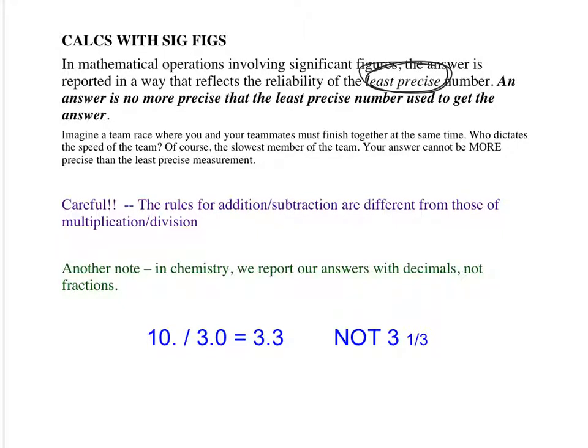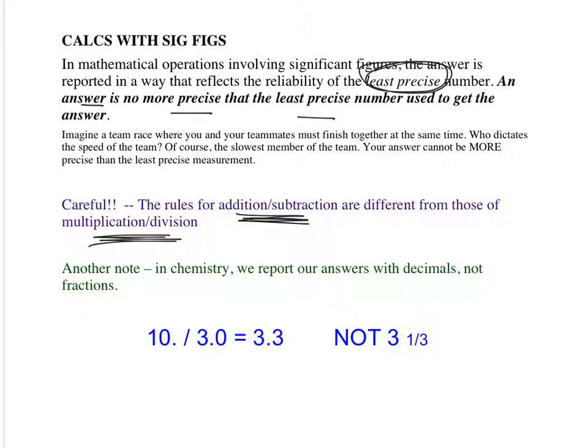Just like the weakest link of a chain, you can't have an answer that's more precise than that least precise number used to get that answer. So when we go through this, you're going to notice that we have completely different rules between addition and subtraction and multiplication and division. There's 2 different sets of rules.